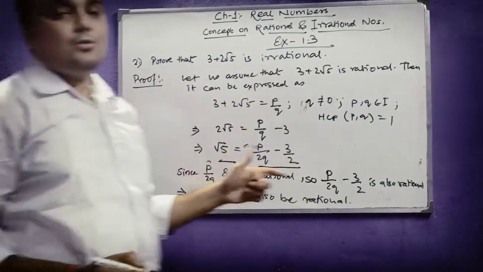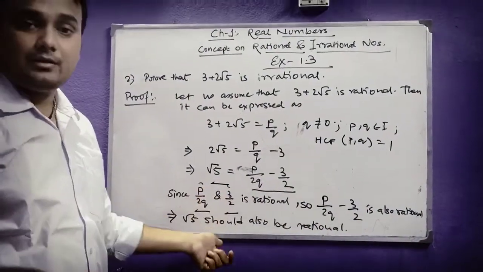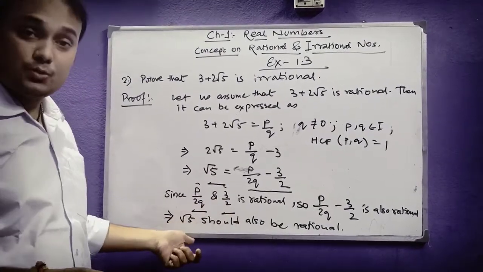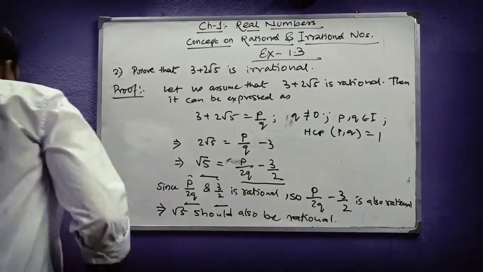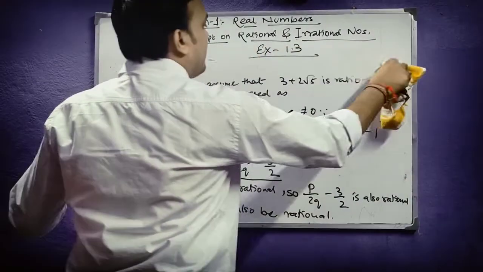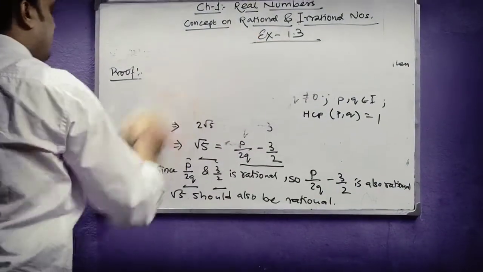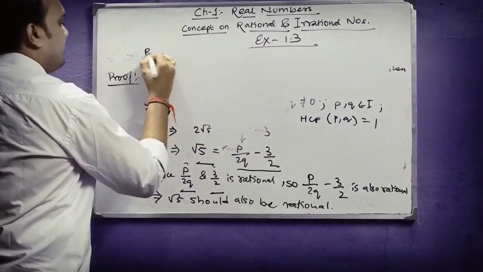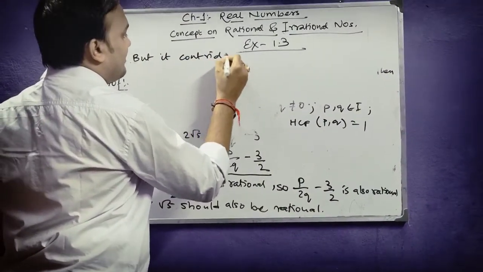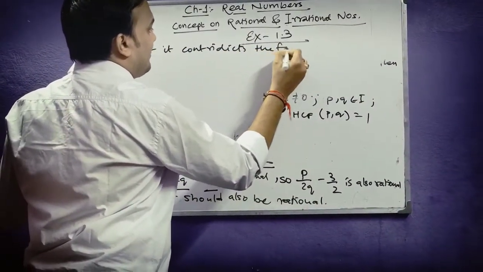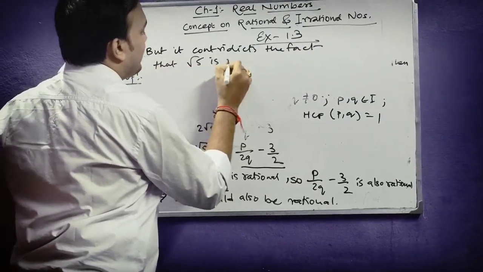Now, as we all know, root 5 is not rational, root 5 is irrational. But I am getting here, after the calculation, the conclusion that root 5 is rational. But it contradicts the fact that root 5 is irrational.